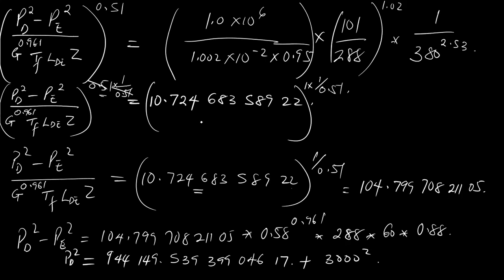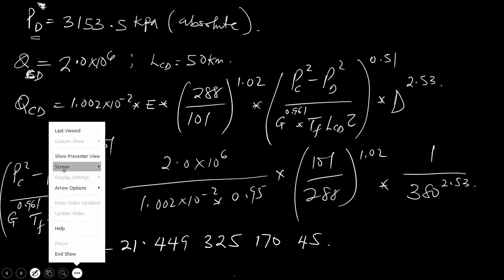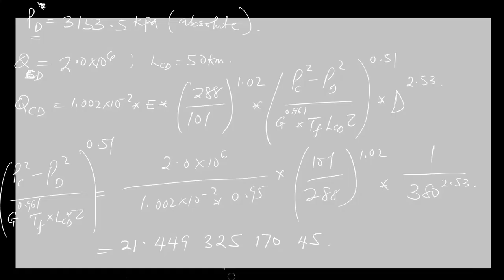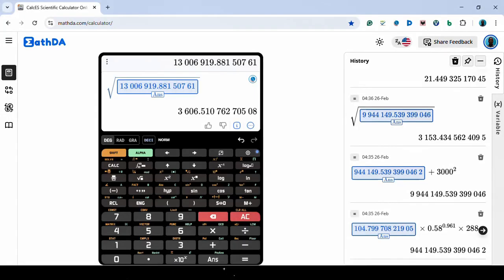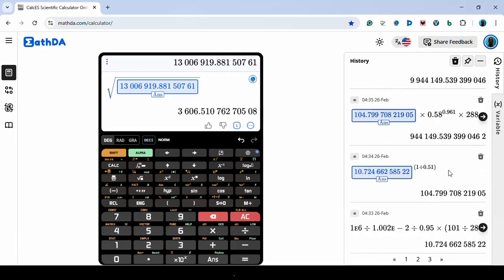So let's see how we have this. So now let's work it out. Now 10.72. Let's go back to our calculator and look at the history. We have this.